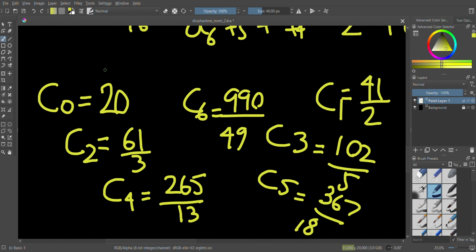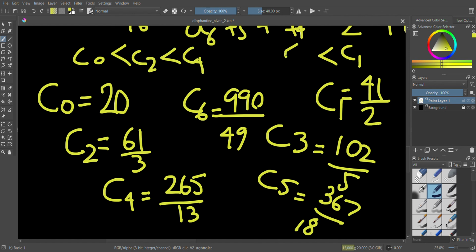And of course, they're always arranged this way, I believe, with all the even ones and then all the odds. Okay, there you have it.